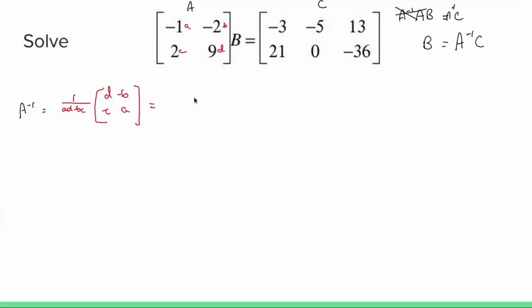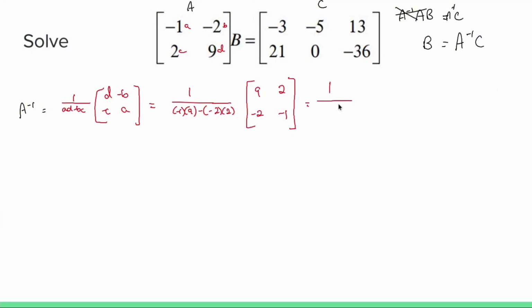Okay, so let's plug stuff in. 1 over negative 1 times 9 minus negative 2 times 2. Oh, this is not going to be fun at all. Multiply that to flip-flop the A and the D, so 9 and negative 1 make you positive 2, make you negative 2. All right.